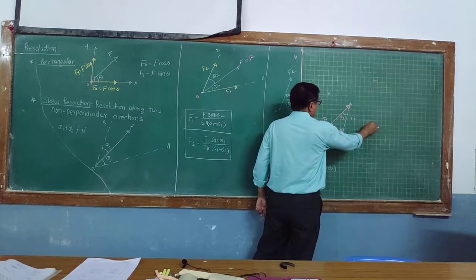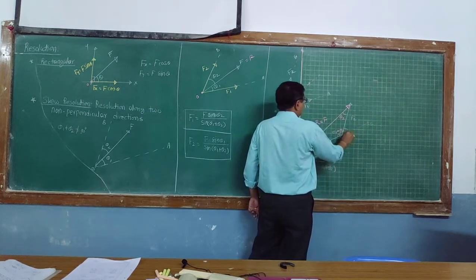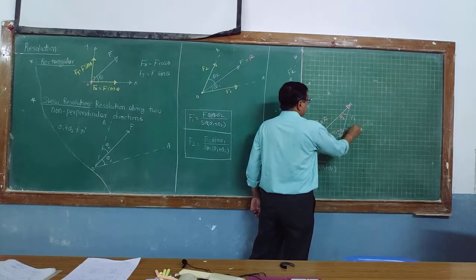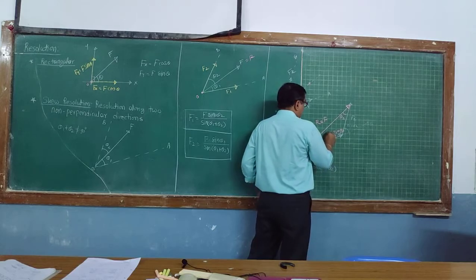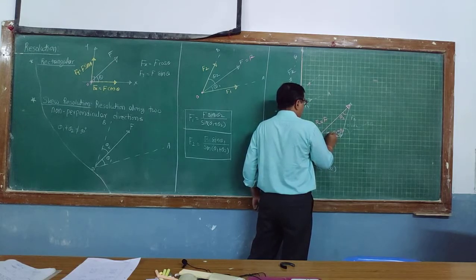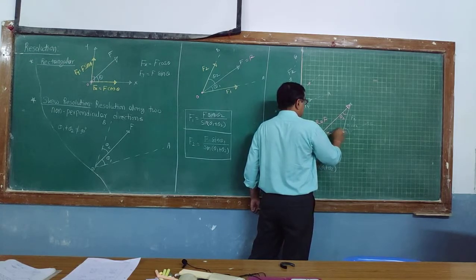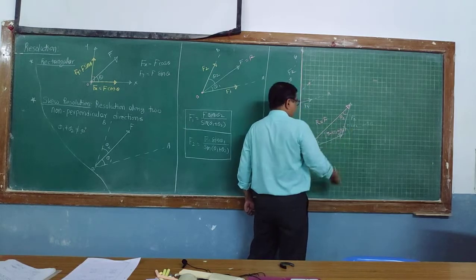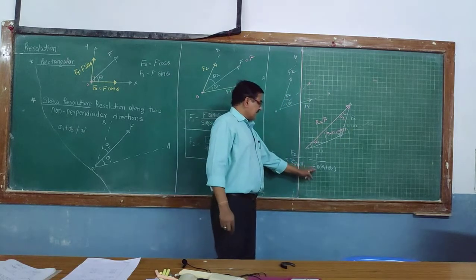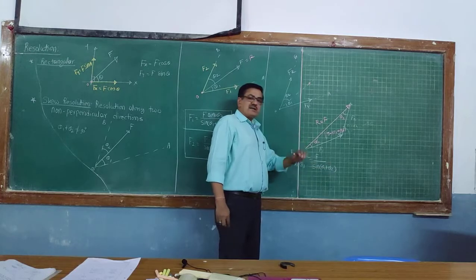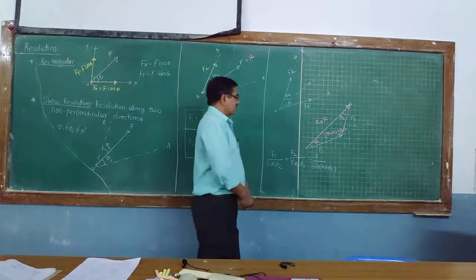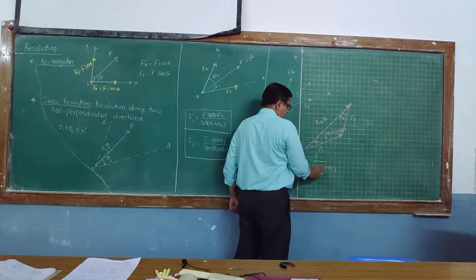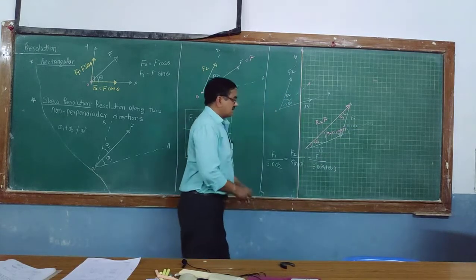This is the direction of F1 and this angle is theta 1 plus theta 2, and here this angle is equal to pi minus (theta 1 plus theta 2). Now sine of 180 minus (theta 1 plus theta 2) will be equal to sine of (theta 1 plus theta 2), or one can directly take this angle as sine of (theta 1 plus theta 2).